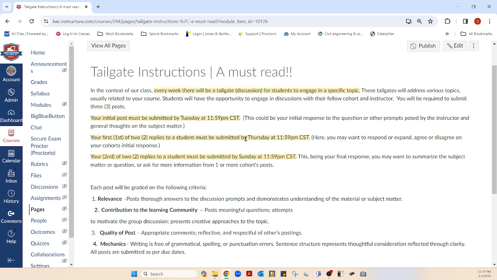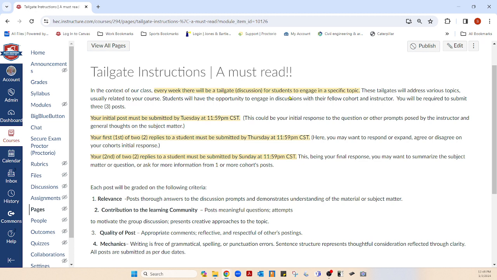Now, your initial post must be submitted Tuesday no later than 11:15. You've done pretty good on these. You kind of know what an initial response is. I look at it as what's your first impression of what I'm asking of you.